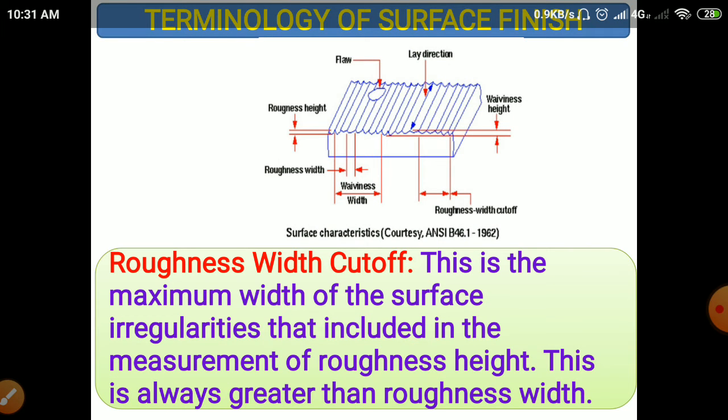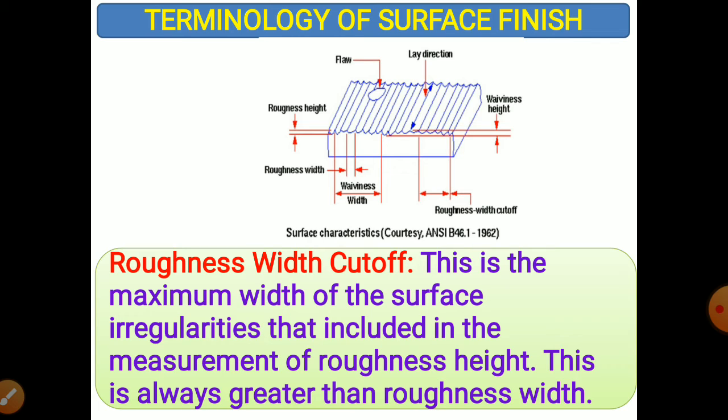Next is roughness width cutoff. This is an important parameter. Roughness width cutoff is the maximum width of the surface irregularities that are included in the measurement of roughness height. This is always greater than roughness width. It means whatever the length you are going to consider for analysis purposes.